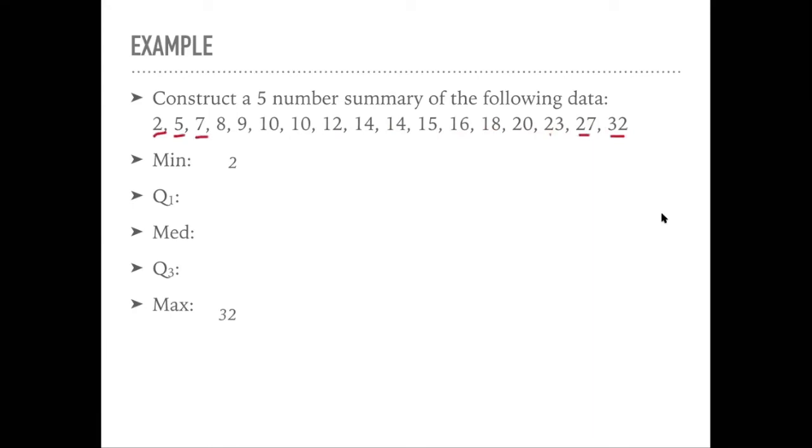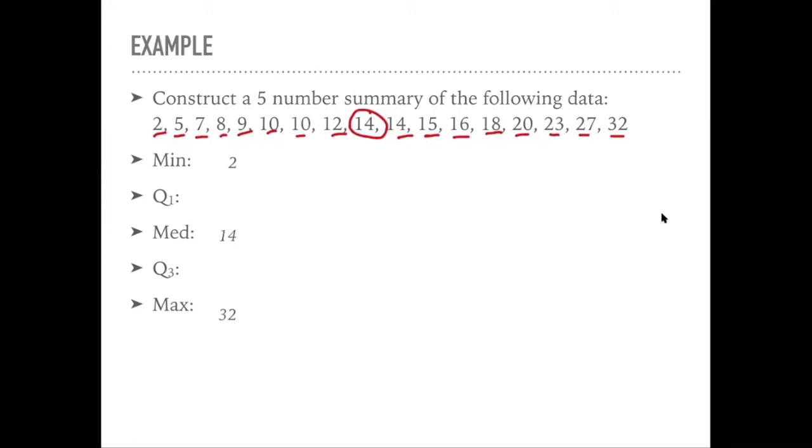And I tend to mark them off or make some sort of marking working my way into the middle. And this 14 is left here in the middle. And we can verify that the count of numbers below it and the count of numbers above it is equal. So 1, 2, 3, 4, 5, 6, 7, 8 below, 1, 2, 3, 4, 5, 6, 7, 8 above. So we would say that 14 is the median.